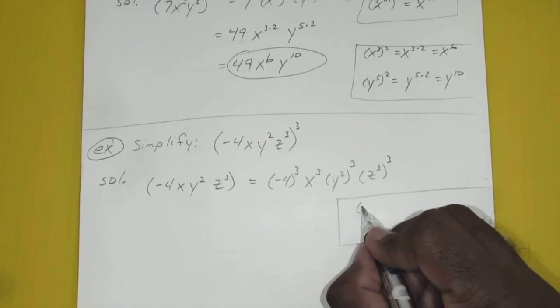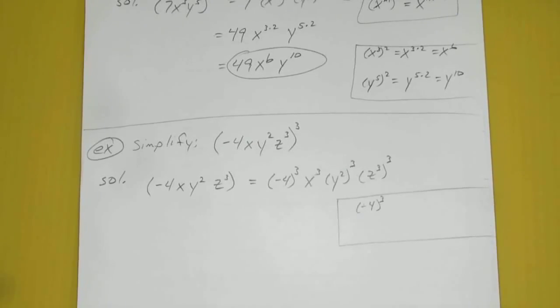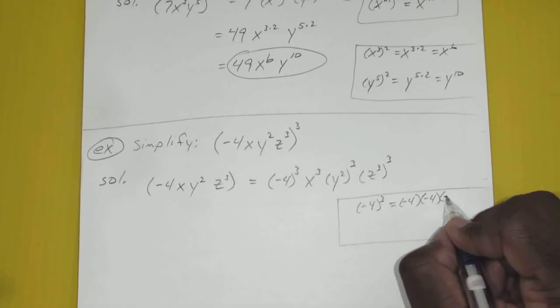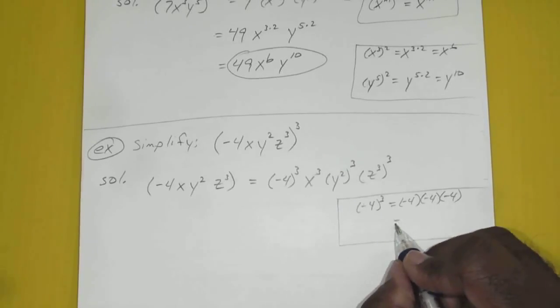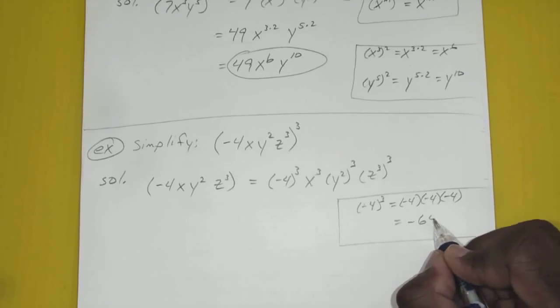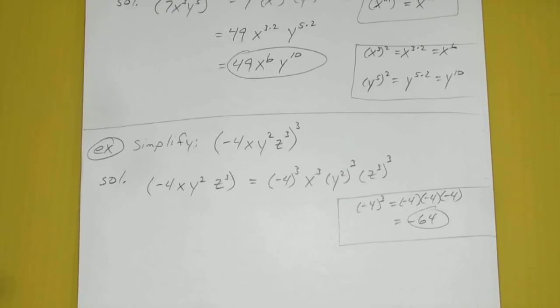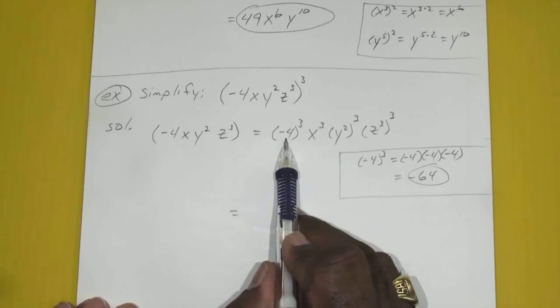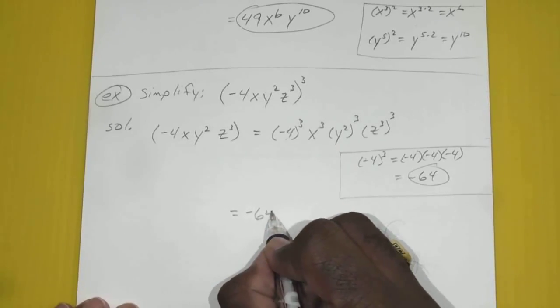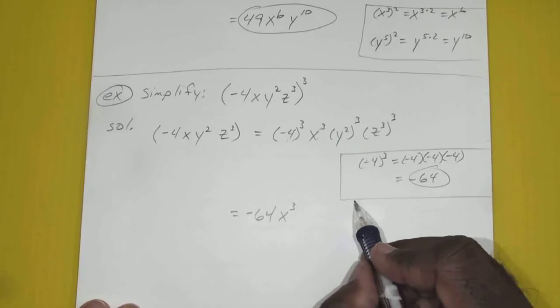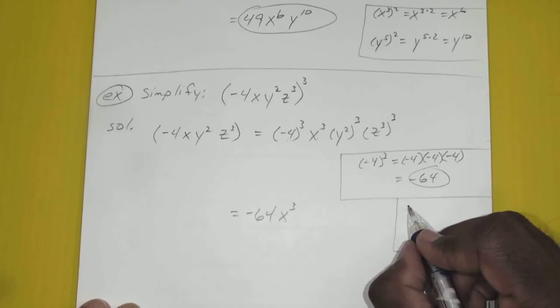So we know that -4 to the 3rd power is just -4 times -4 times -4. Negative and negative is positive. That positive and negative is negative. So we'd end up with -64. X to the 3rd, so we can leave that the way it is. Y squared, I'll make a little side note.